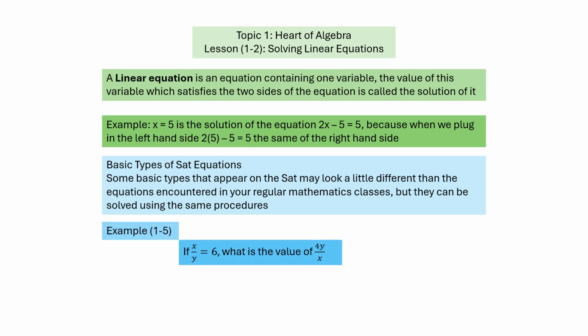If x over y equals 6, what is the value of 4y over x? Take care, it doesn't ask about one variable, but asks about a certain fraction. I call this type of question tailor-style questions, because you will make the answer ready like a tailor.